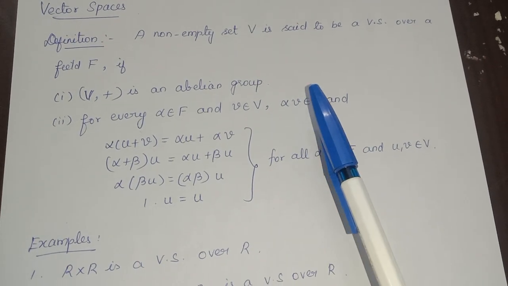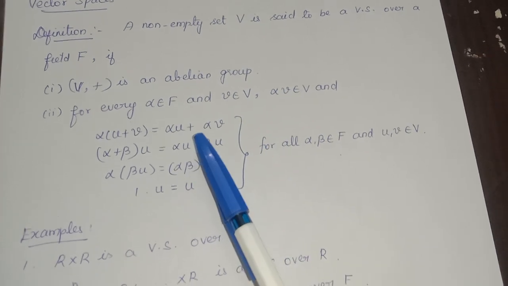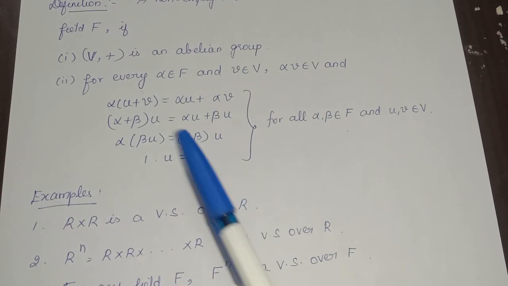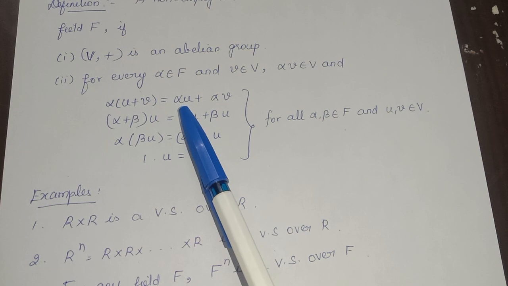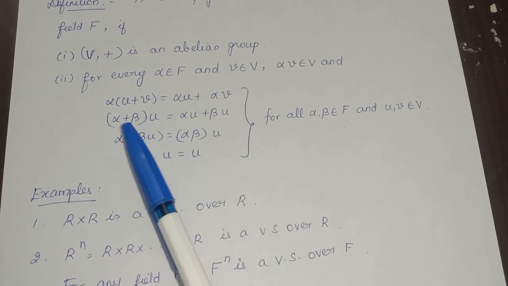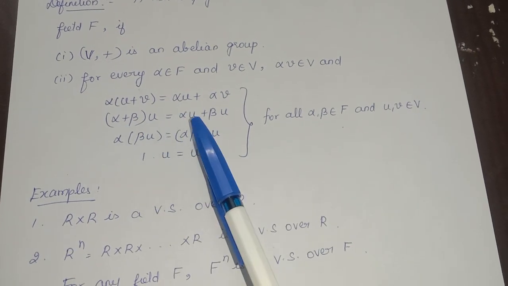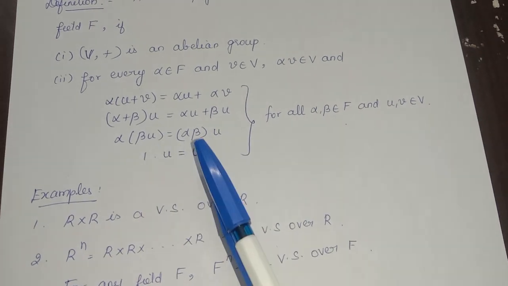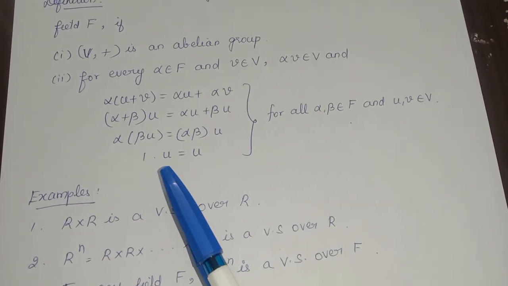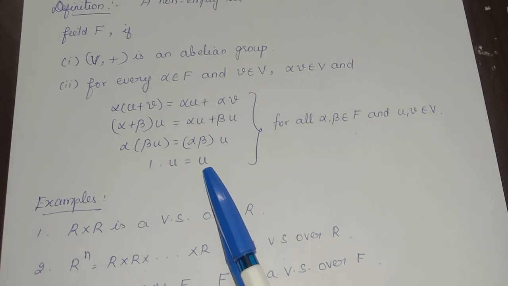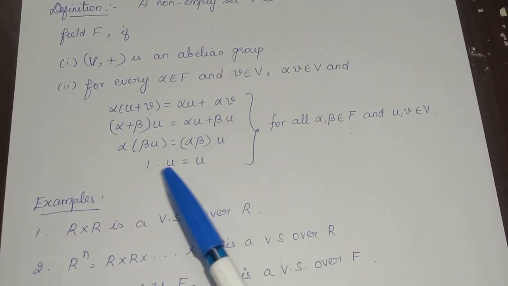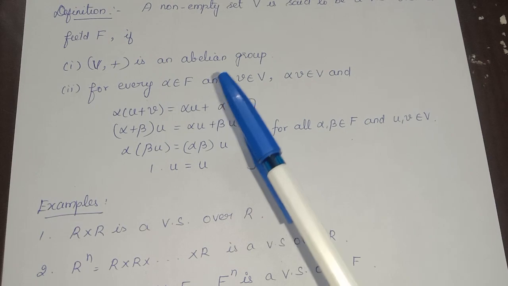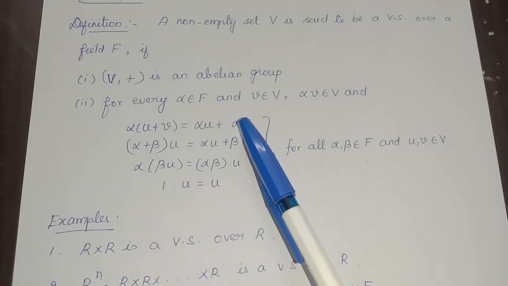Along with this, some more properties have to be satisfied: alpha into (u plus v) equals alpha u plus alpha v, (alpha plus beta) into u equals alpha u plus beta u, alpha into (beta u) equals (alpha beta) into u, and finally 1 into u equals u. If all these conditions are satisfied, then we say V is a vector space over the field F.